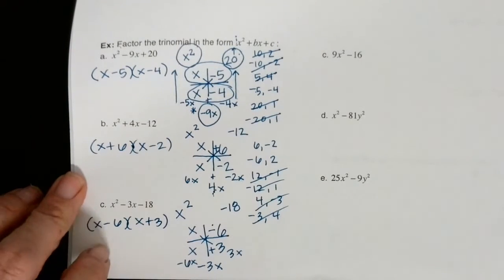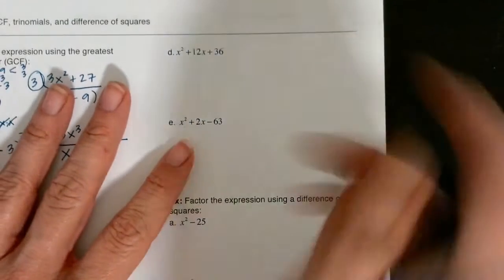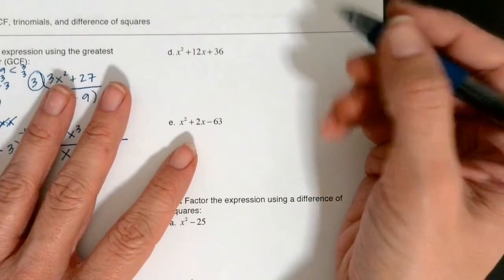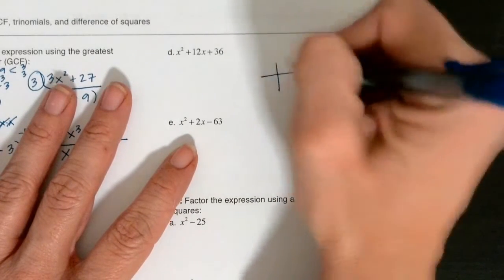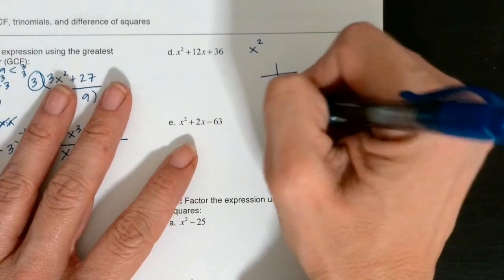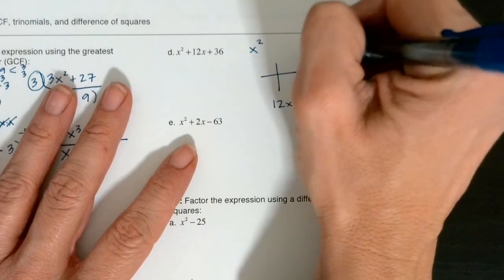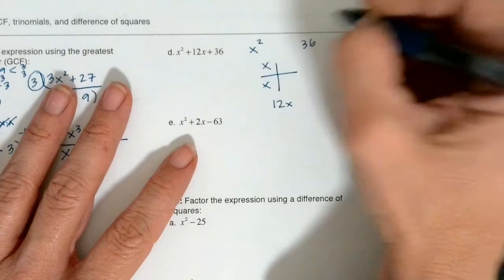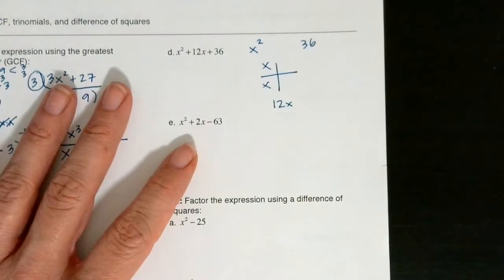Alrighty, now we're going to move on. We're going to go up to problem D. So D is x squared plus 12x plus 36. So same thing, x squared, 12x, 36, x and x. And then what two numbers multiply to give me 36 and add to give me 12?